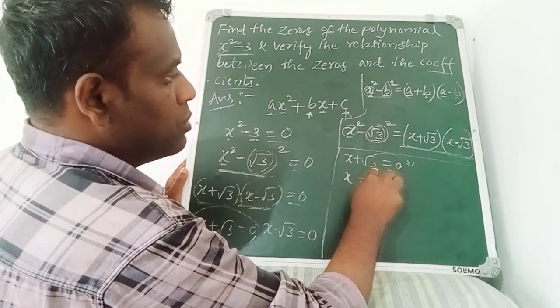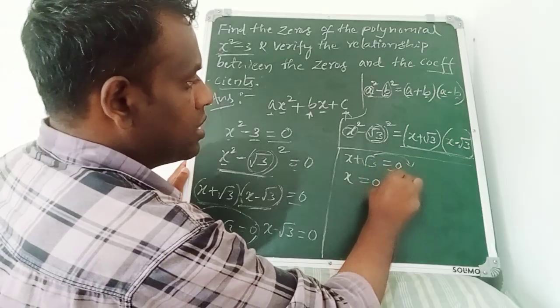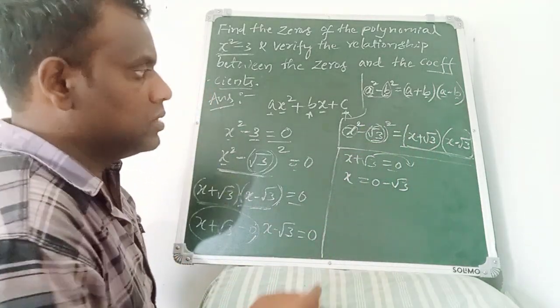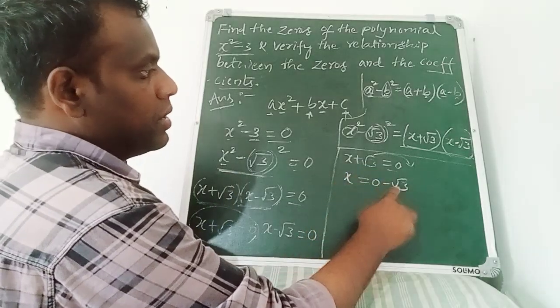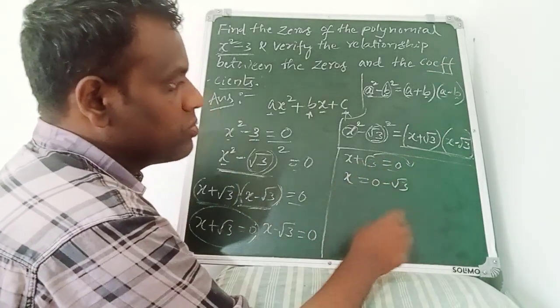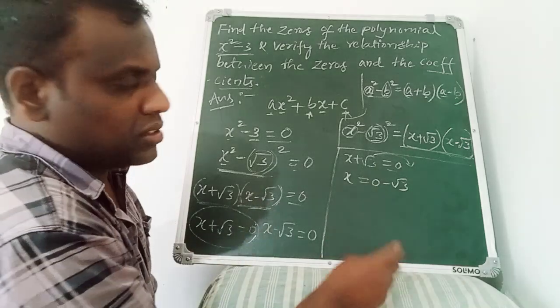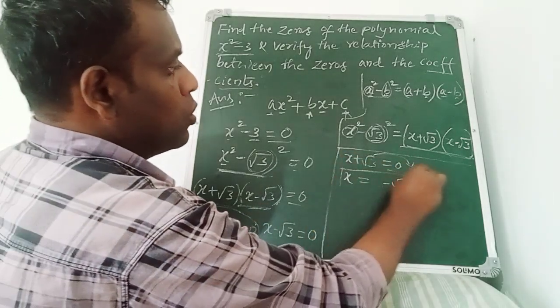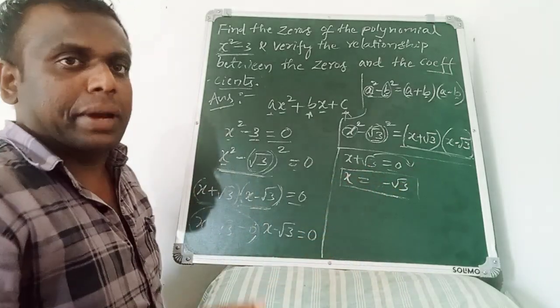When this plus root 3 moves to this side, it will become minus root 3, because we are moving this to this side. 0 means nothing, so we can just discard. So x is equal to minus root 3.